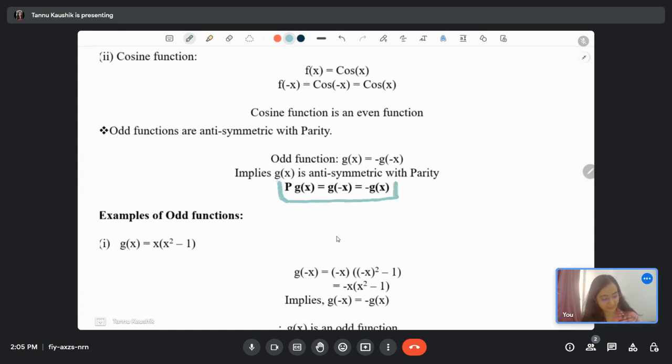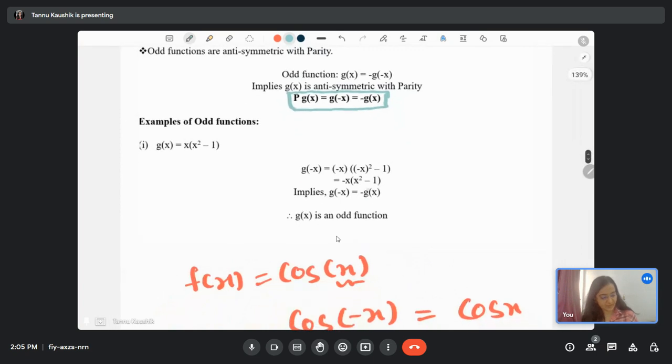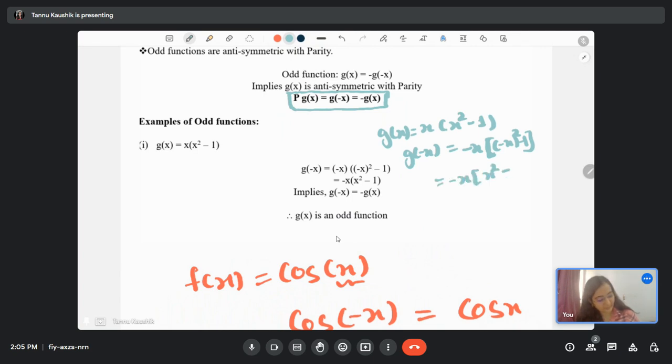Let us take another example here. Please note this is the equation which follows for the parity operator with respect to an odd function. If we take this example, g(x) equals x into x square minus 1, and we substitute x with minus x, what will we get?